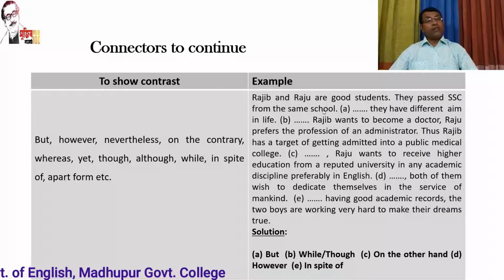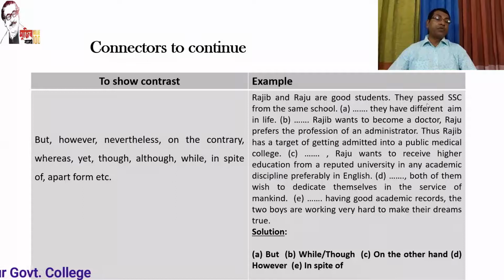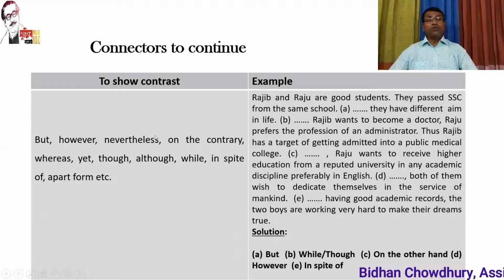They passed from the same school, and the next sentence, they have different aim in life. So the statement in this sentence is just the opposite of the previous sentence. So it is a kind of contrast here, and to show contrast we are to use such type of connectors. You should remember it.